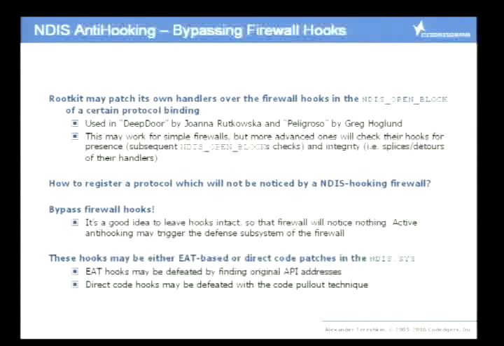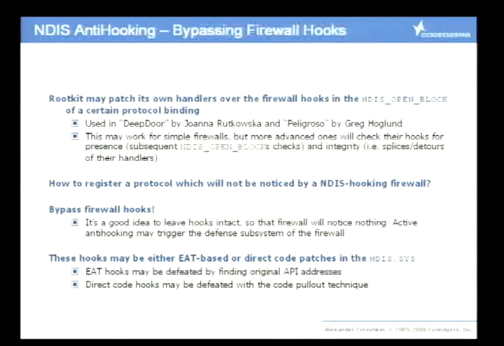To leave hooks intact, but to register a file rootkit protocol, we may use some passive anti-hooking techniques to be sure that no part of a firewall will be modified.